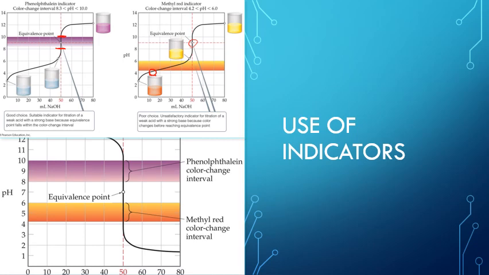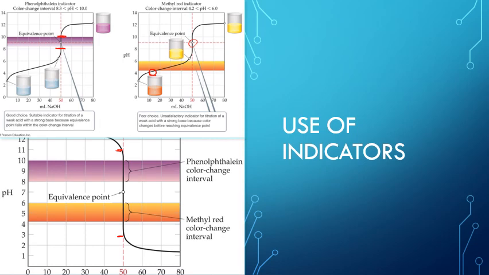Notice the large gap here: for 1 milliliter being added, you have about 8 pH units that occur. So in something like this, if you use the phenolphthalein indicator, it wouldn't make that big of a difference compared to the methyl red. It would be slight.